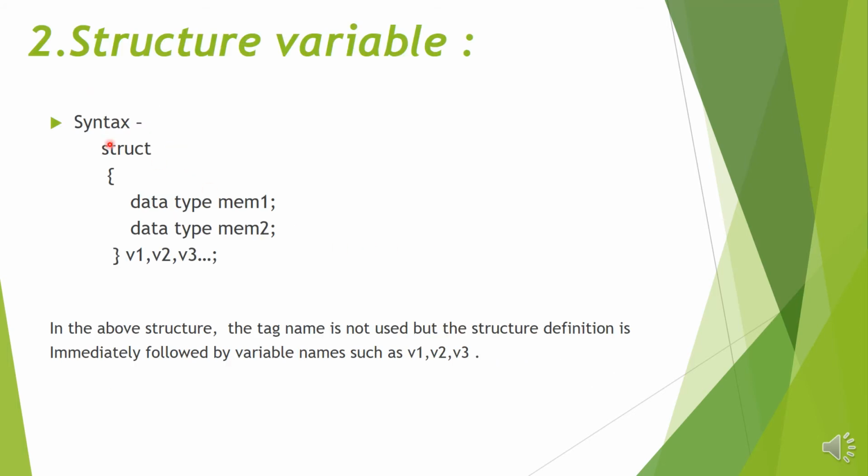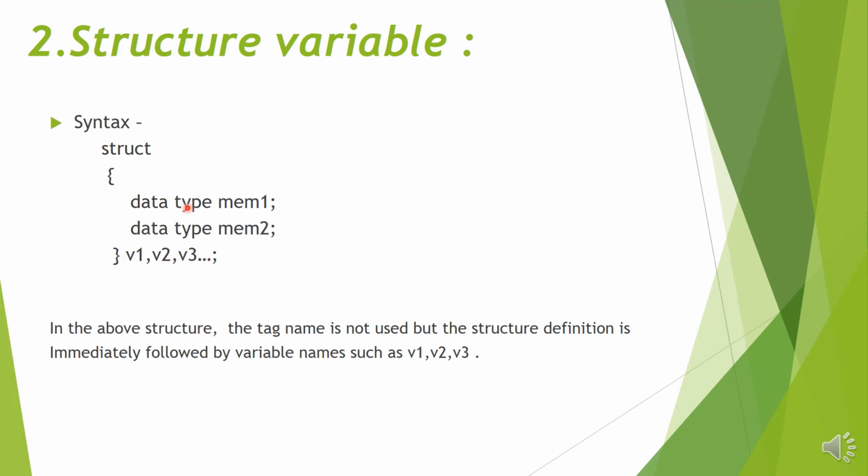The second method is structure variables. It starts with the syntax struct, then open the bracket. Within the brackets, you declare the set of data members of the structure. The syntax for data members is a data type and the member variable name. The data type can be integer, character, float, anything. Then it closes with the variables of the structure.